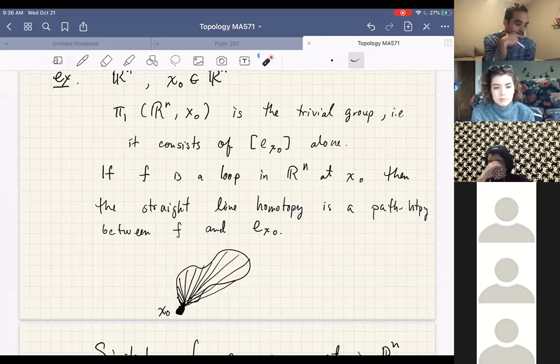That gives you a homotopy for any loop, so any loop is homotopic to the constant loop in Rn. So there's only one class, the class of the trivial element, the identity.